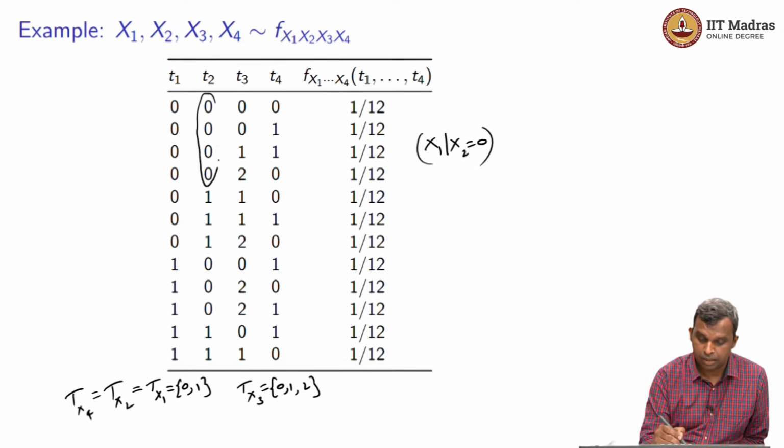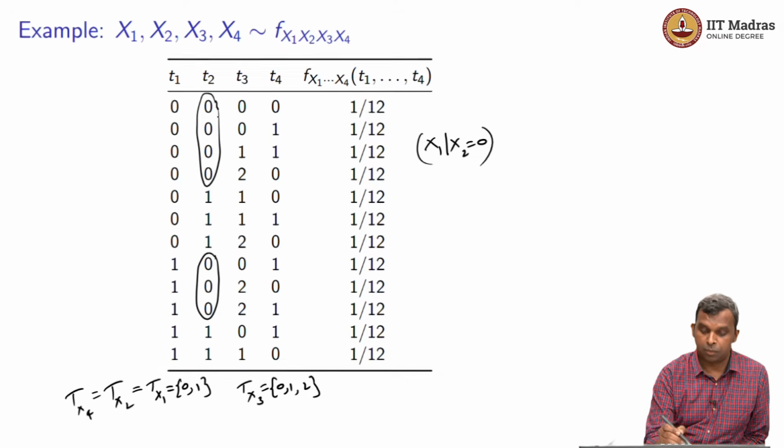So this guy and this guy, that's it, I don't have to worry about anything else. So the PMF of x1 given x2 equals 0, evaluated at 0, is the joint of x1, x2 at 0 comma 0 divided by the marginal of x2 at 0.